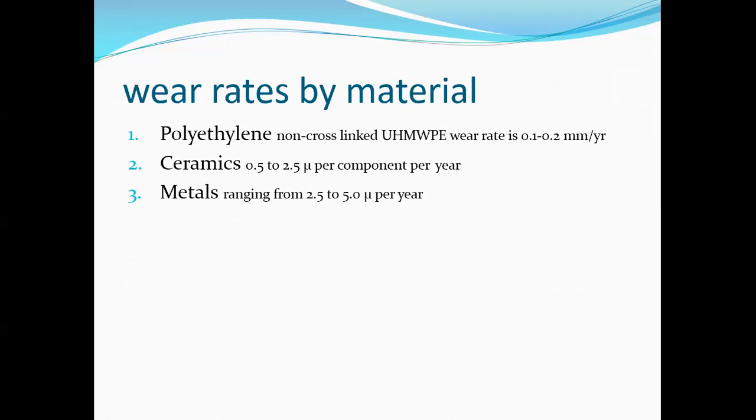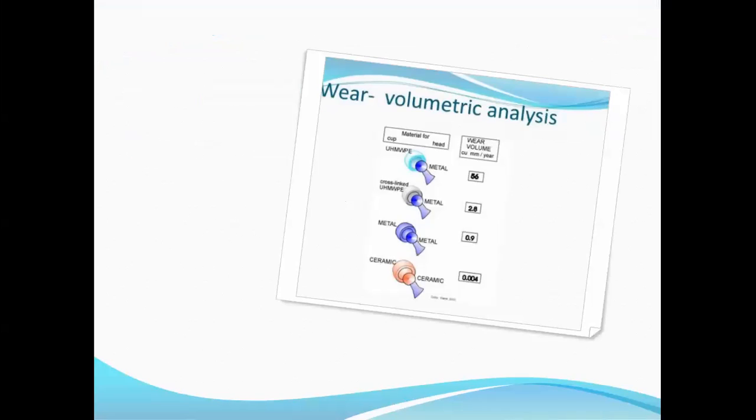Metal is between polyethylene and ceramic, ranging from 2.5 to 5 micrometer per year. So the wearing rate differs according to the material we use. This is metal with polyethylene. Cross-linked has a lower rate than uncross-linked. Ceramic is the best.